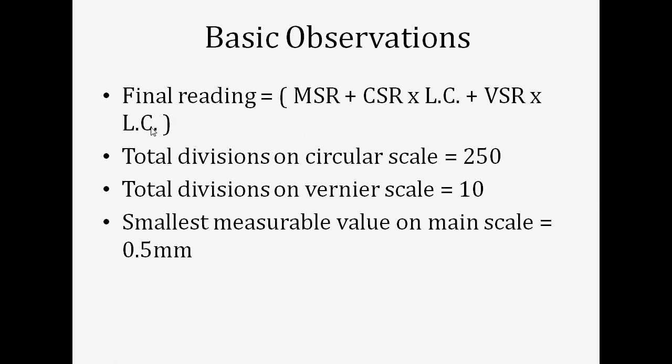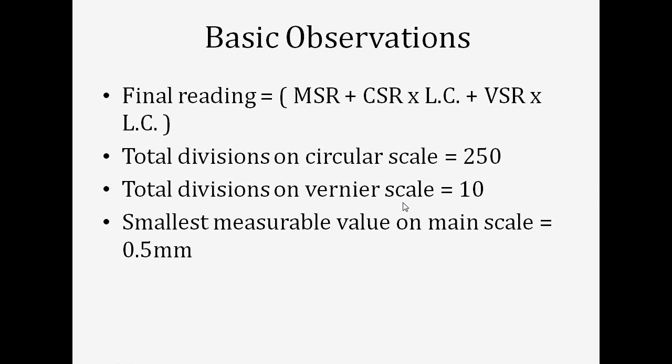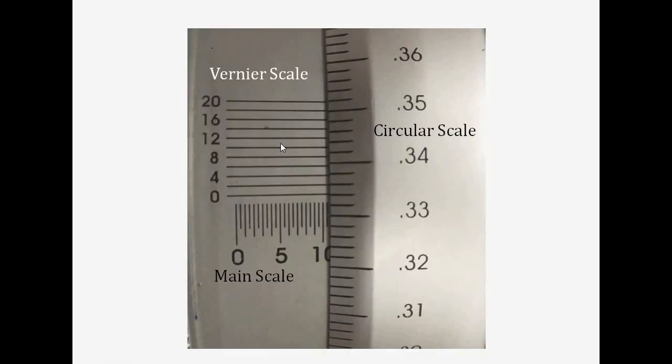Total divisions on the circular scale are 250. This is the circular scale where the total number of divisions is 250. Total divisions on the vernier scale are 10. These are the total vernier divisions, so there are 10 divisions on the vernier scale.